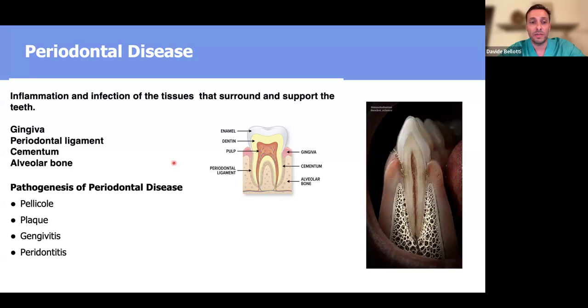How does it happen? I'll just go through very quickly. The pathogenesis of periodontal disease starts with a pellicle, and then we have plaque formation. With plaque, the tissue gets inflamed, and we get gingivitis. That's the first step of periodontal disease. And after that, we have periodontitis.